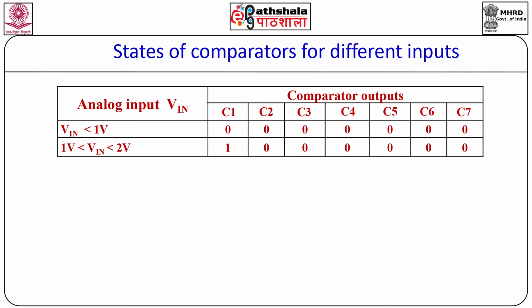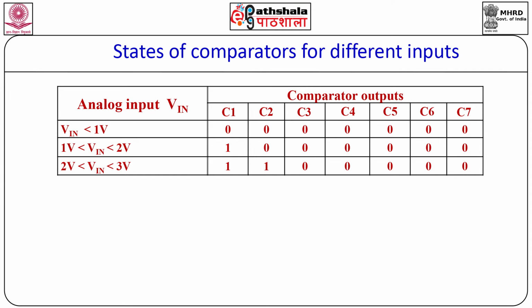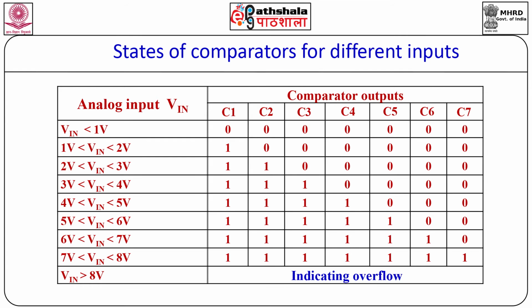When it is in the range of 2 volt to 3 volt, the outputs of comparators C1 and C2 will be high, whereas all other comparators will be low. In this way, if we increase the voltage up to 8 volt, and if it is within the range of 7 volt to 8 volt, it is found that the output of all comparators becomes high.